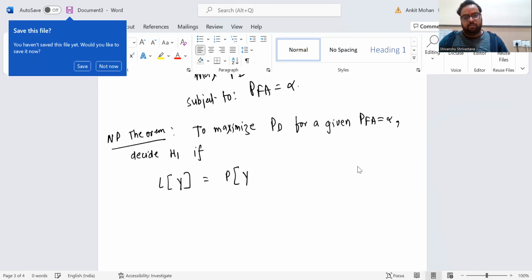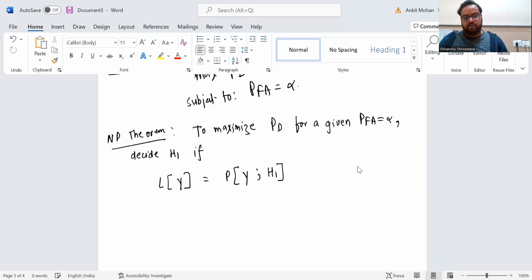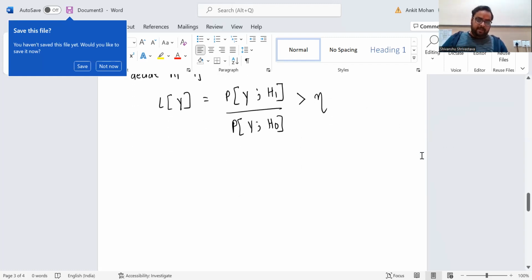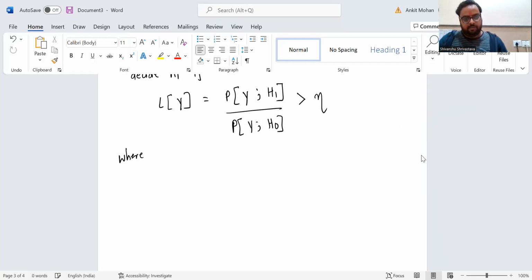It is the likelihood of this received signal y under the hypothesis H1 divided by the likelihood of the received signal y under the hypothesis H0. This is greater than our threshold eta, and where this threshold eta is found from.